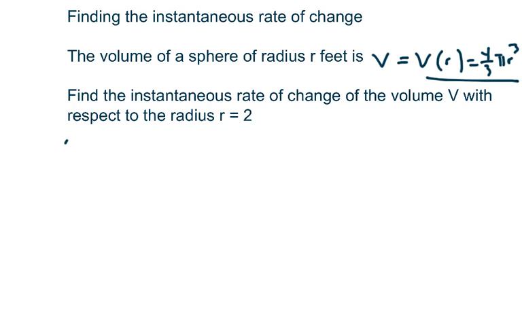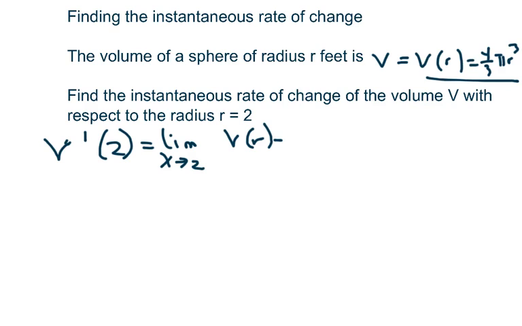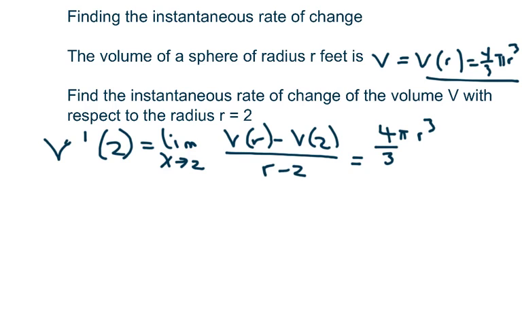So I'm going to take the derivative of the volume at 2 by taking limits as r approaches 2, the volume of r minus the volume of 2 over r minus 2, and this is going to yield 4/3 pi r cubed, minus, and now I'm evaluating at r equals 2, I'm plugging that in, and you're going to get 32 over 3 pi.